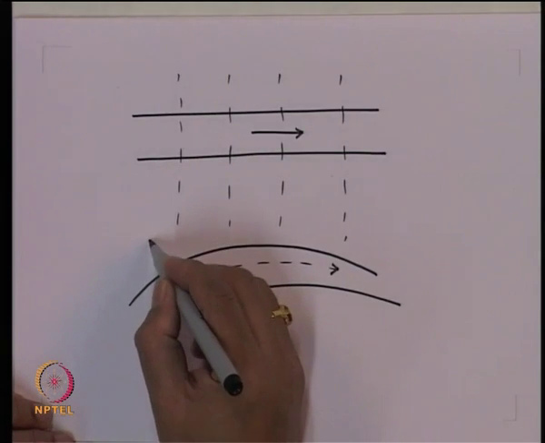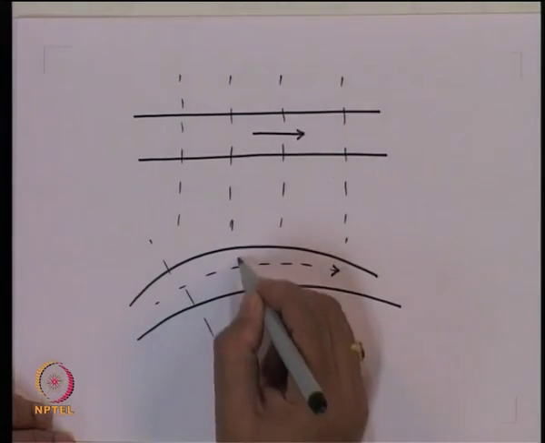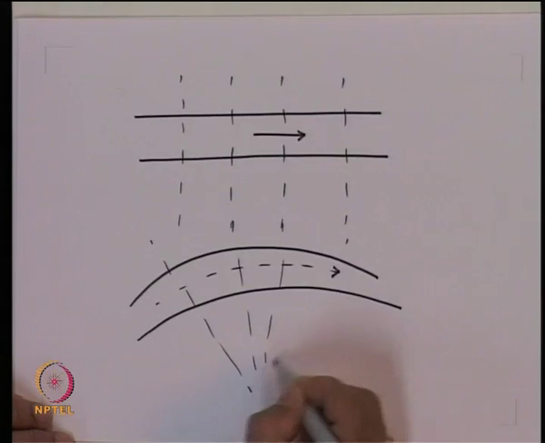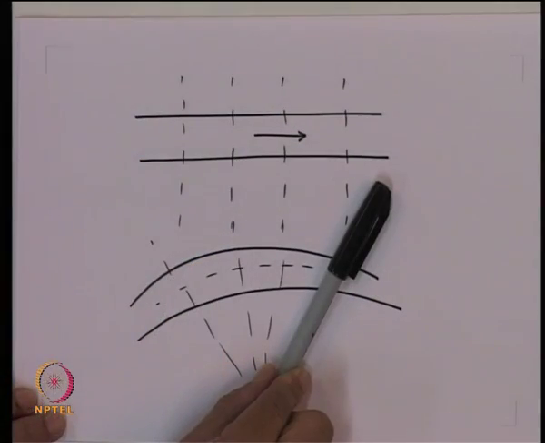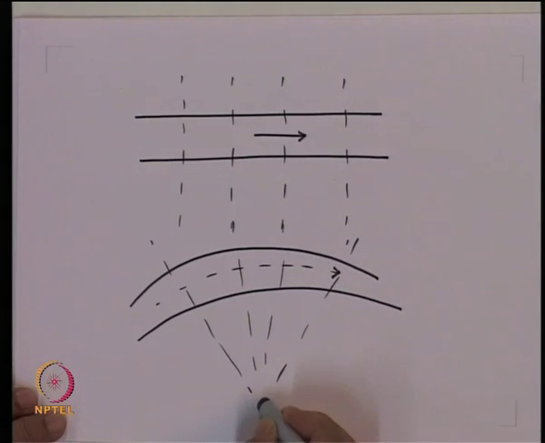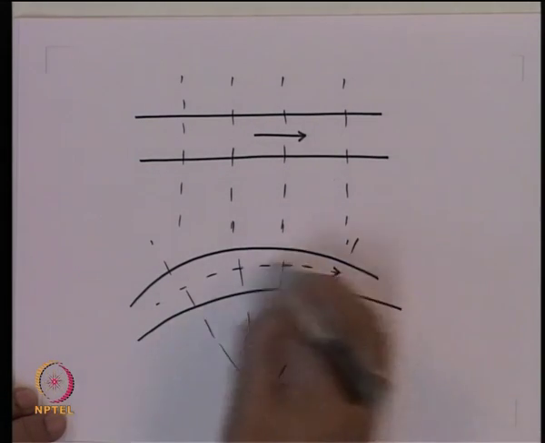So, you have phase fronts which will look something like this, and so on. In the first case, when the fiber was absolutely straight, the phase fronts were parallel to each other, whereas when the fiber is bent, the phase fronts move like a fan pivoted at the center of curvature of this arc.